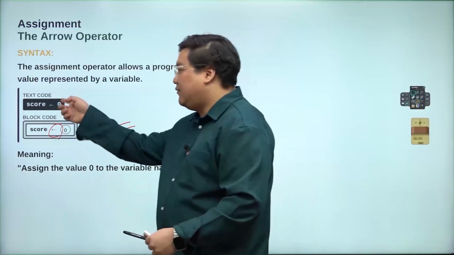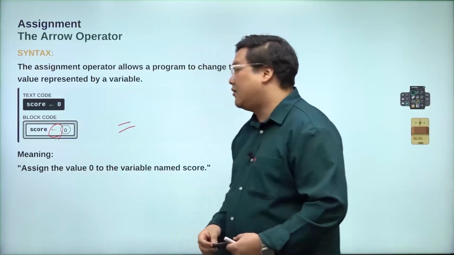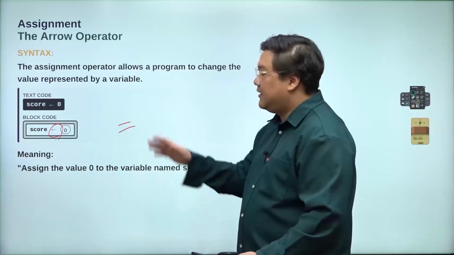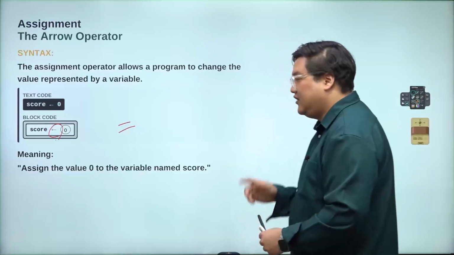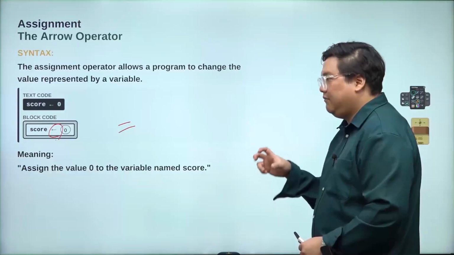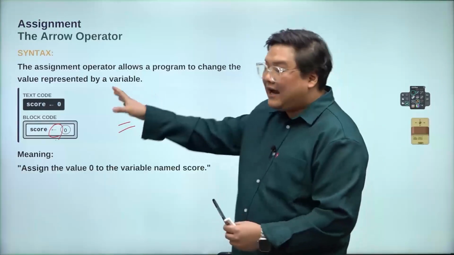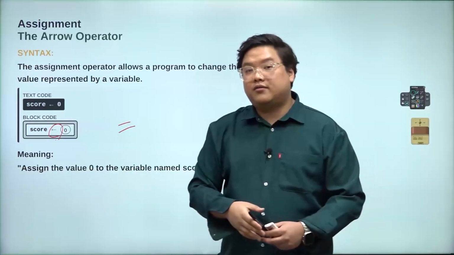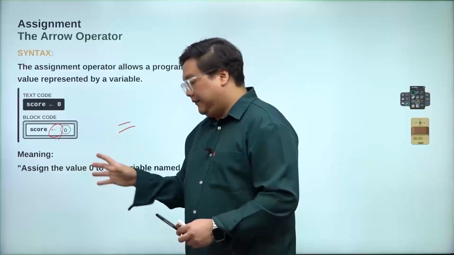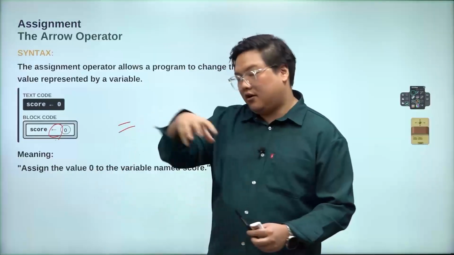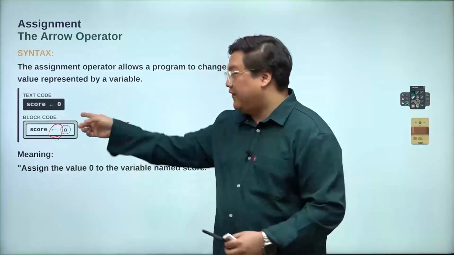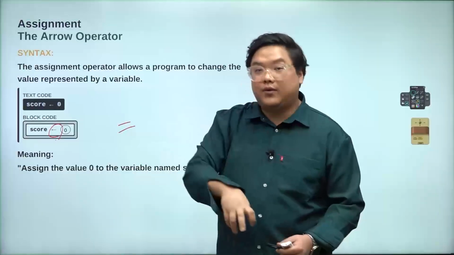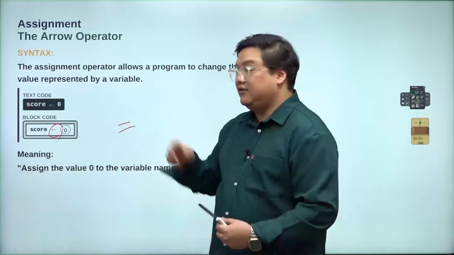That's the case for both text code and block code. This means assign the value 0 to the variable named score. Inside the computer's memory, a box is created, labeled with the variable name score, and the value 0 is put inside.